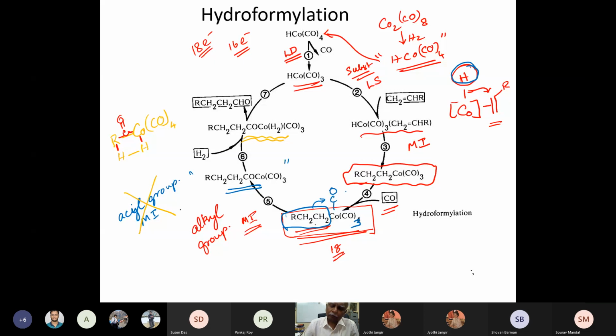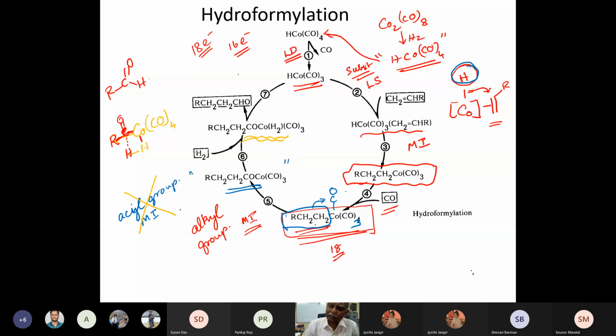So we are talking about hydrogen which is interacting with this acyl carbon, and so you would form RCHO and HCo(CO)4.